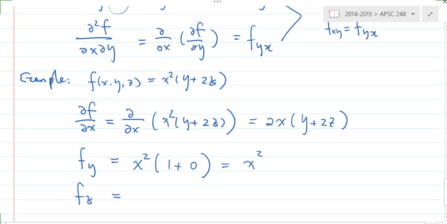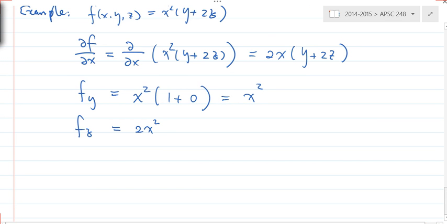The derivative of a constant with respect to z will definitely be 0. So in this case, you get 2x squared. This lecture will do lots of derivatives, so keep a clear mind.